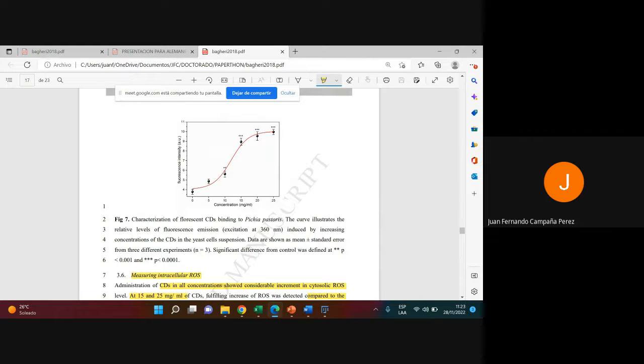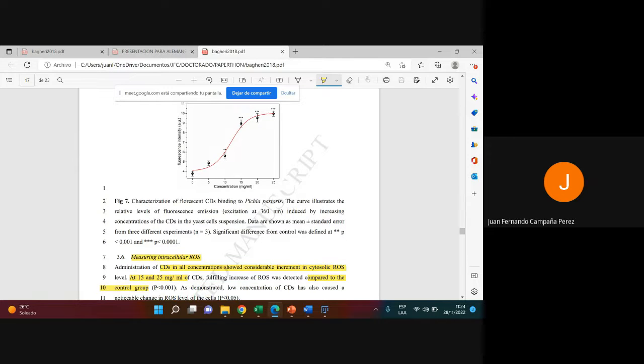This carbon dots binding to the surface of yeast cells may induce toxicity. So they think that the carbon dots stimulate the production of intracellular reactive oxygen species, ROS, beyond the capacity of the cells to neutralize them.